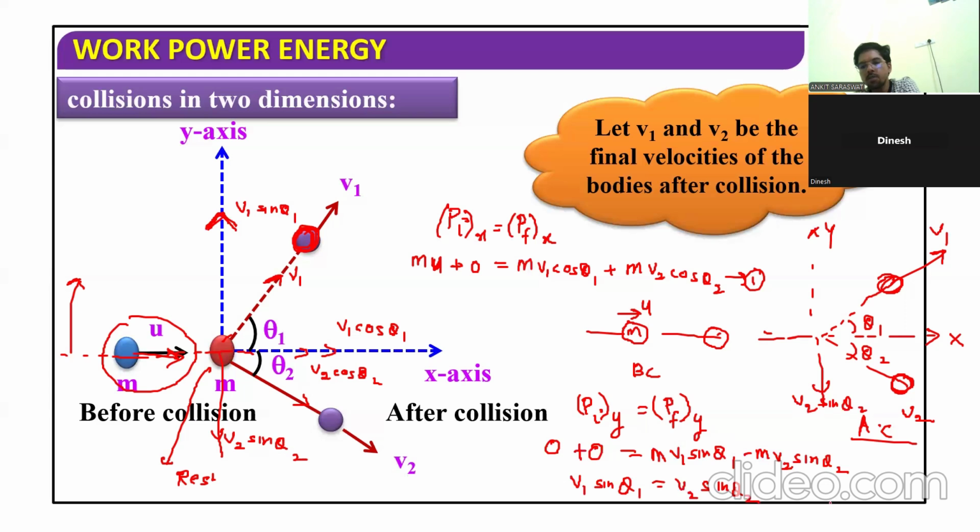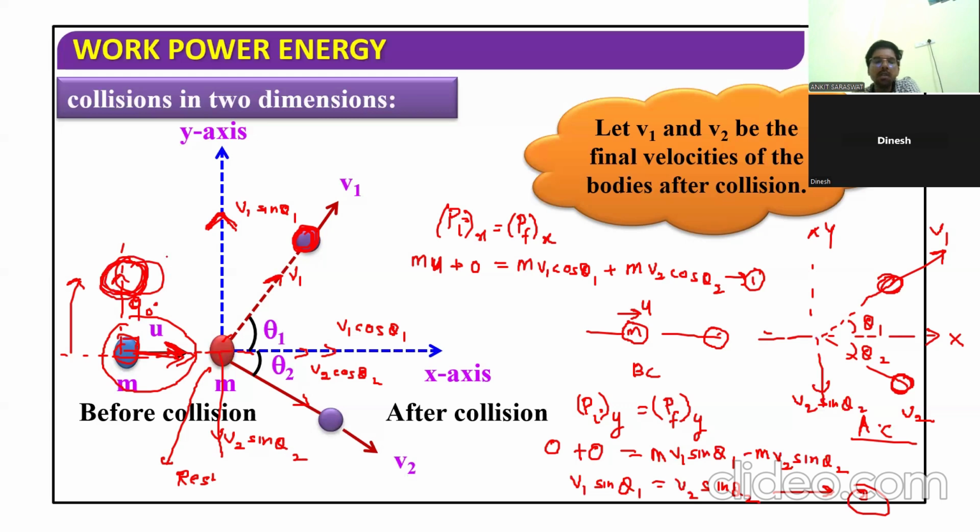Equation 2. A student asks: can you please repeat how p initial in y is 0? See, before collision, it is moving in x direction only. It is not moving in y direction. In y direction, if you check, it is making a 90 degree angle, with y it is making 90, meaning u cos 90. It has no component in y direction.